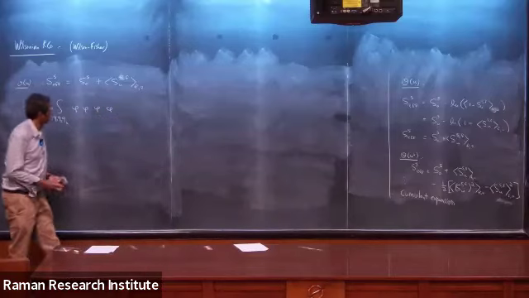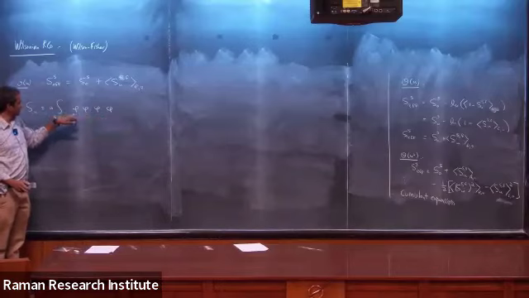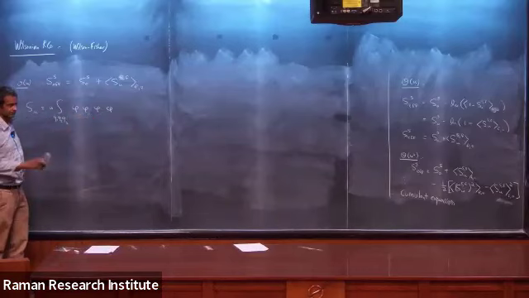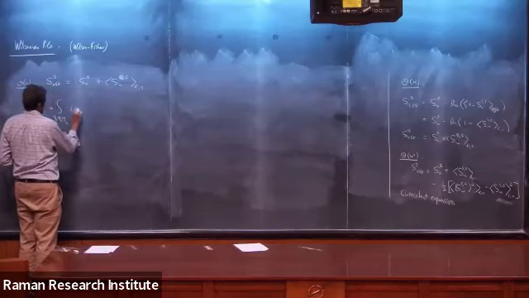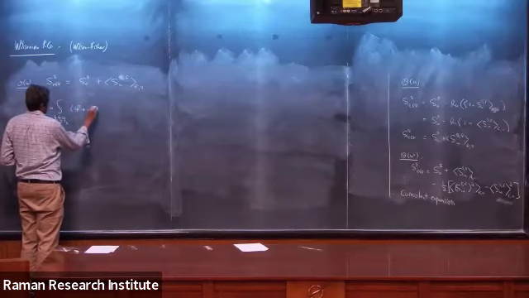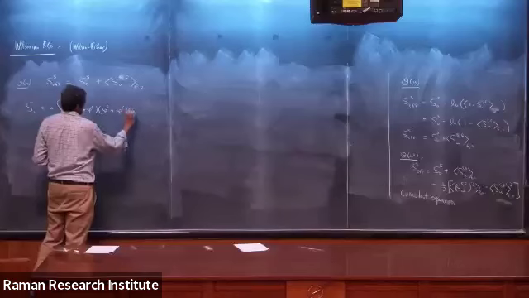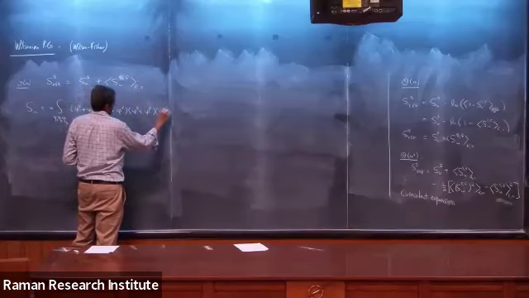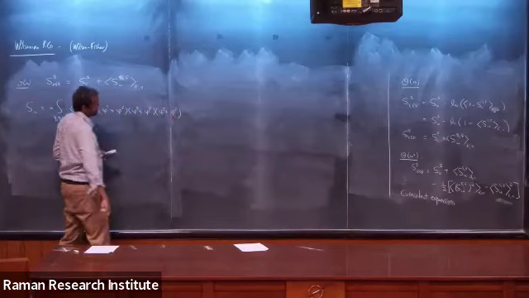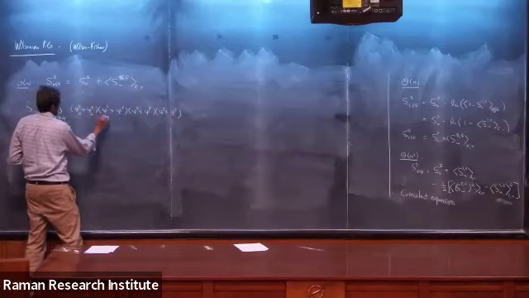I'm going to replace each of these phi's by slow plus fast, and I have some labels that I had.